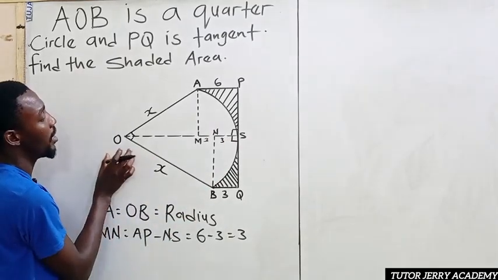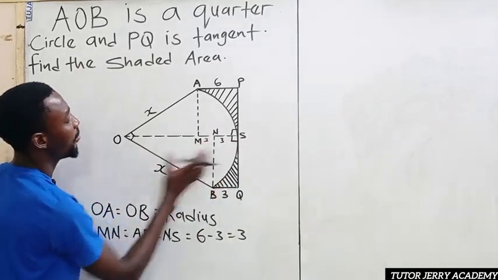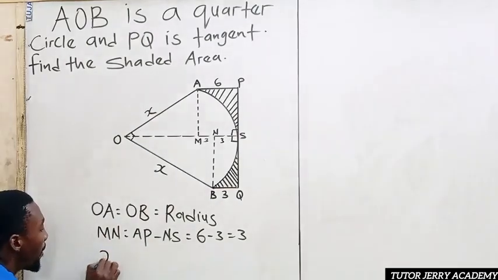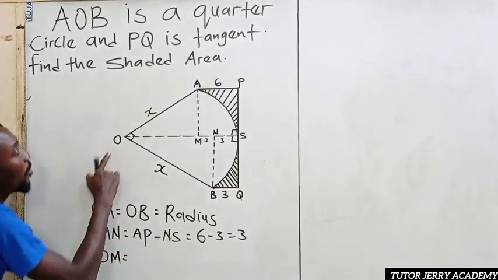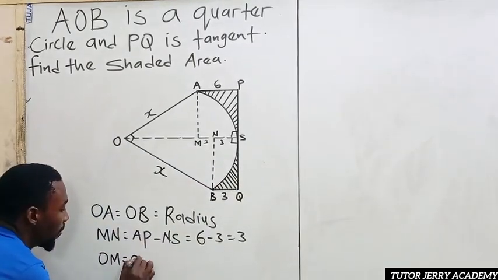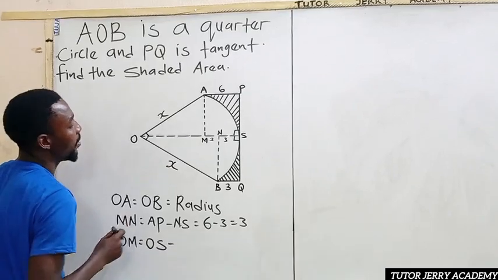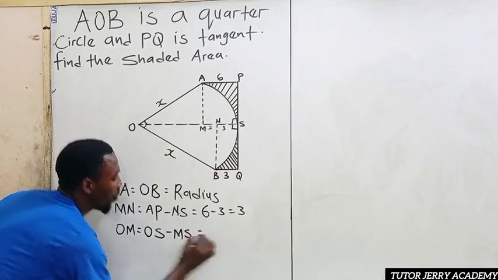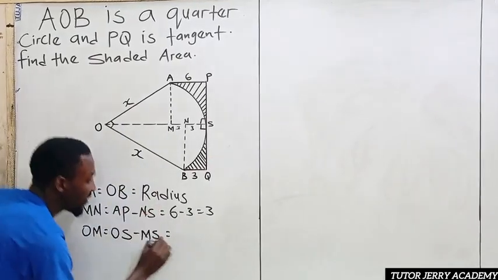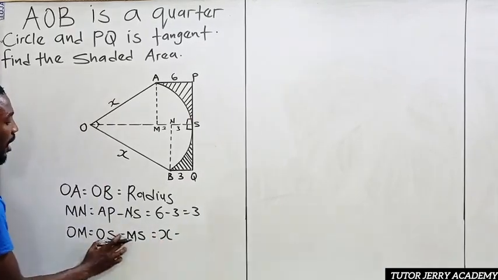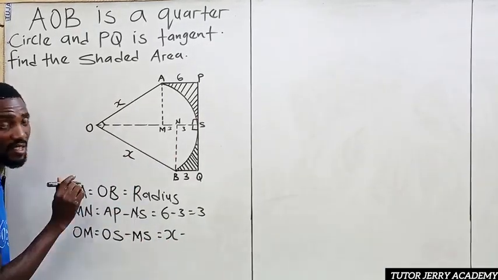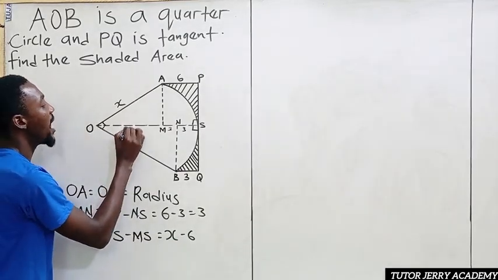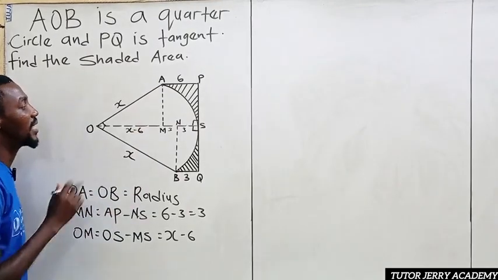If we subtract MS from OS, we are going to get OM. So OM will be equal to OS minus MS. Our OS is x, and our MS is 6. So it's going to be x minus 6. I hope you understand that.